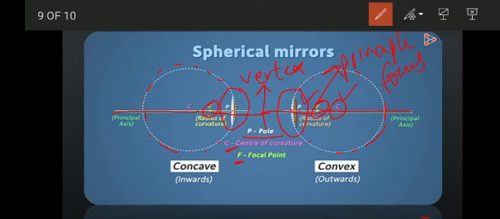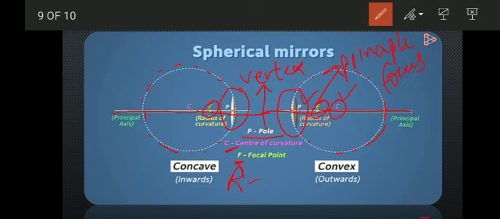One thing more, the radius of curvature R. The radius of curvature is represented by letter R, which is actually the distance between center and pole of the mirror. You can see the radius of any sphere is actually the distance between center and any of its endpoint.